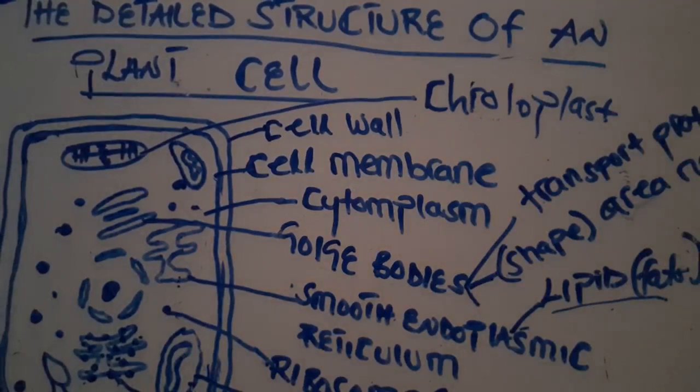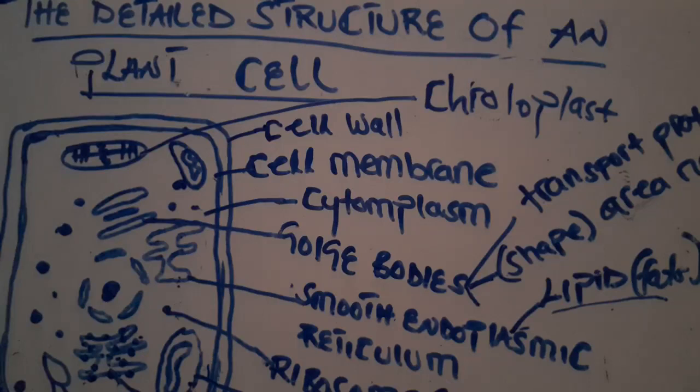So the function of the chloroplast, and this chloroplast is just found in plants, and the reason is very simple. The reason is its function that I'm about to say now, and I want you to pay particular attention to the function of a chloroplast, because this happens to be a share factor between an animal cell as well as what?